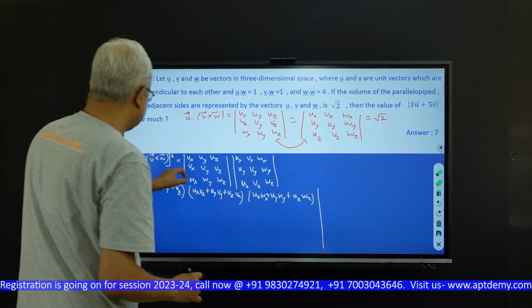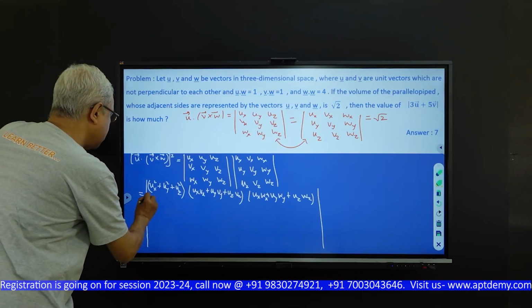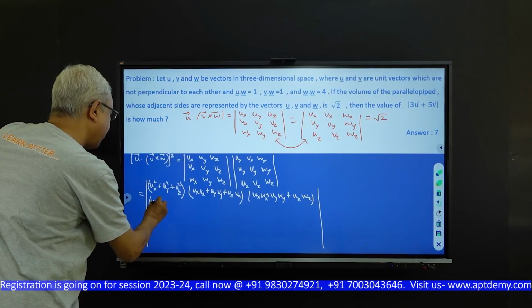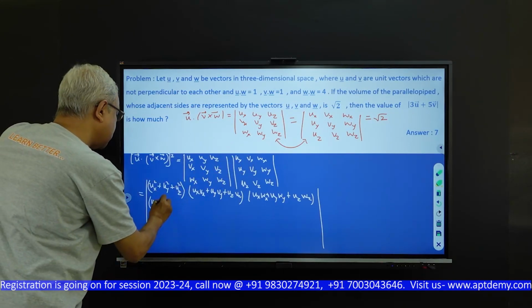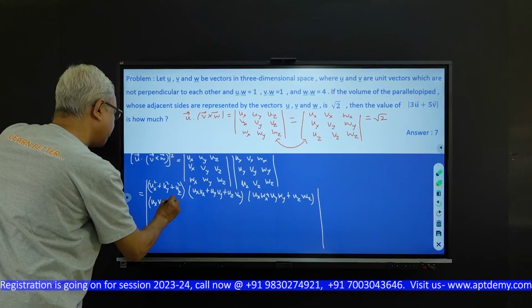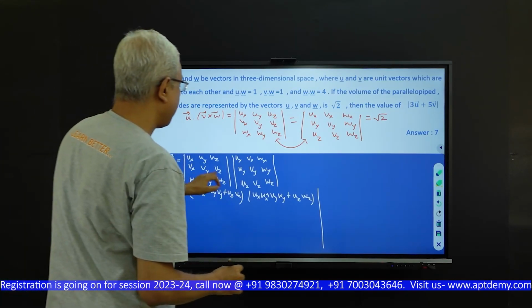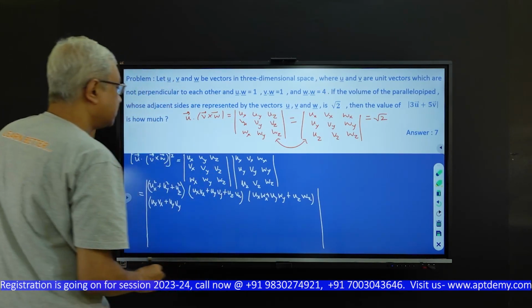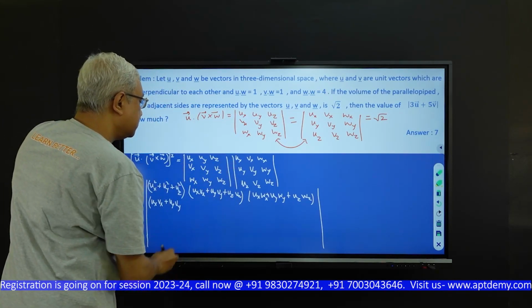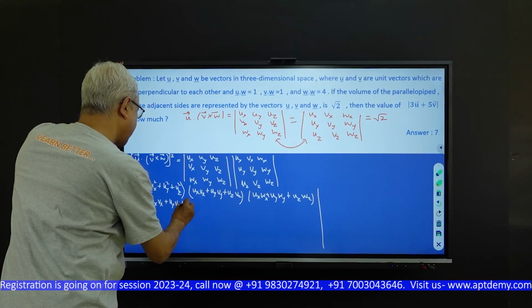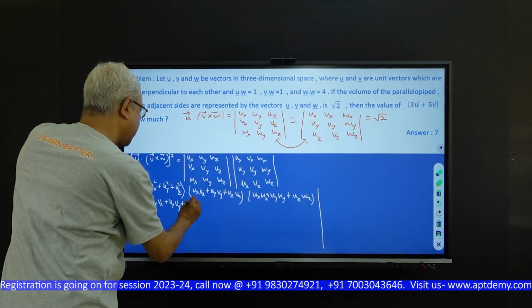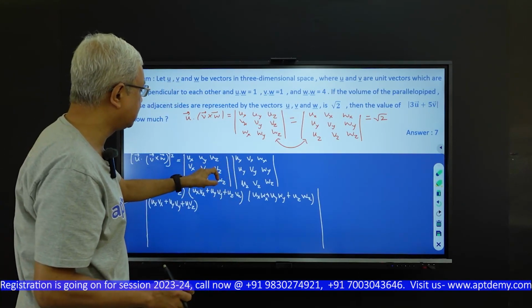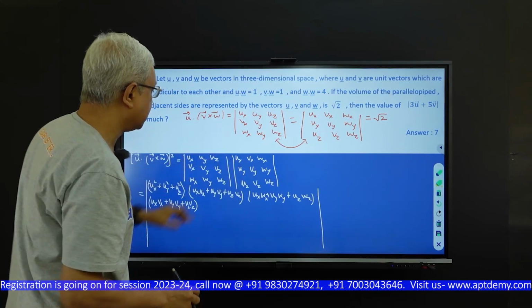Then second row, first column is Ux Vx plus Uy Vy plus Uz Vz.